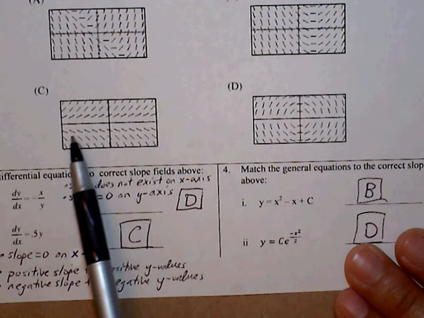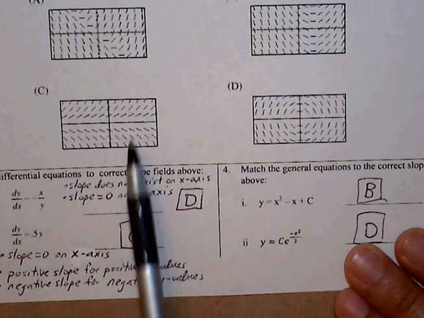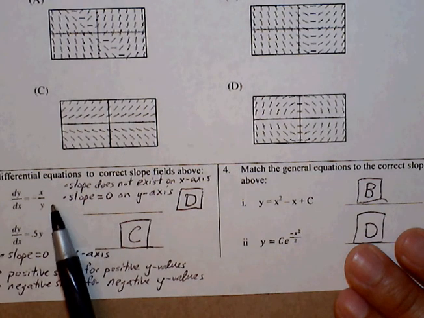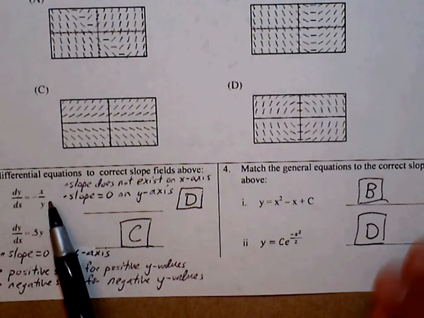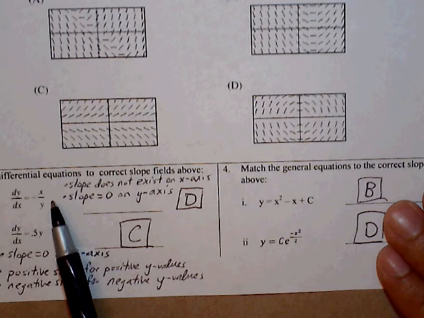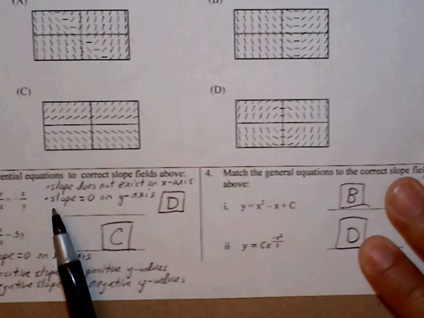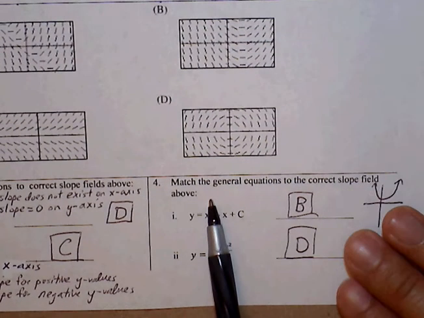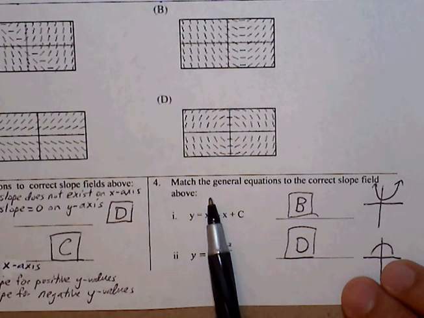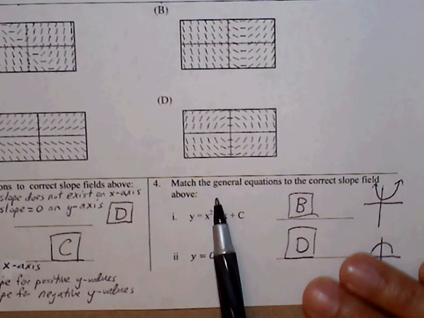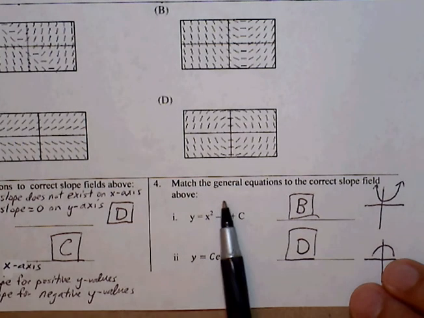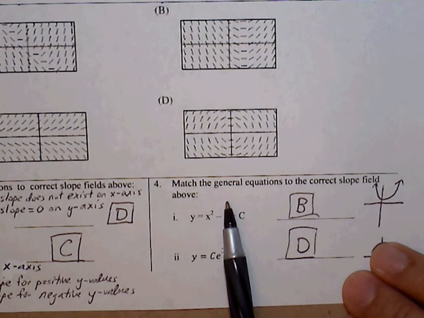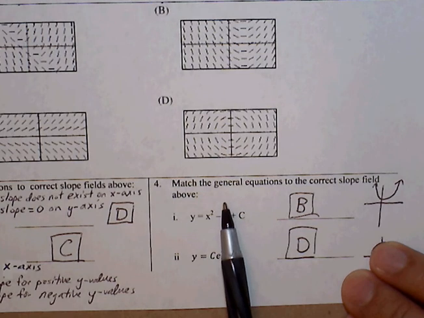So these individual line segments, we can use the differential equation to find those particular slopes or steepness of each of those line segments. Now, when we're looking at the general equation, we are looking at the overall pattern of that slope field. We're looking at the flow or the general shape of that picture created from the slope field.